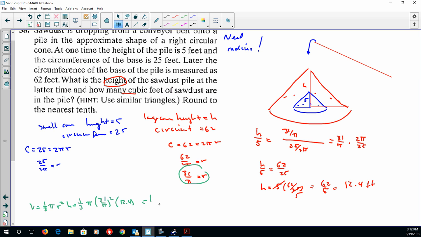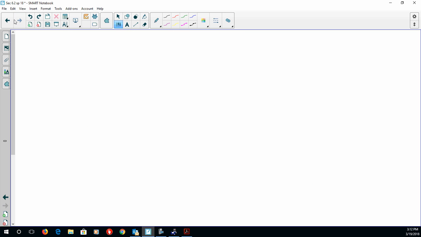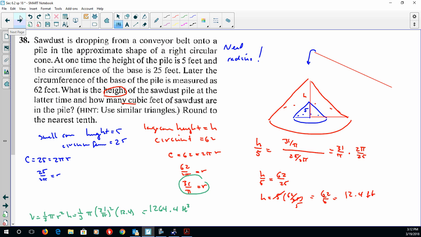Okay. Well, that's it in terms of this section. The next section, on similarity, has some interesting applications, lots of stuff with parallel lines. Then the section after that is on right triangle trigonometry, because if it wasn't for similar triangles, trigonometry wouldn't work.